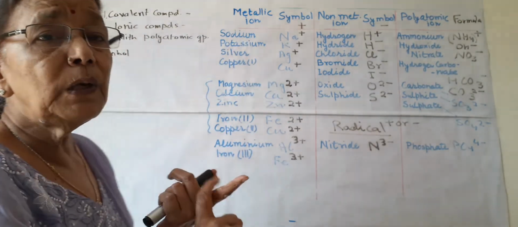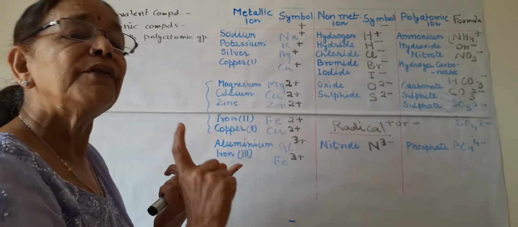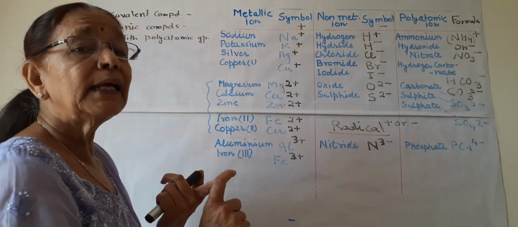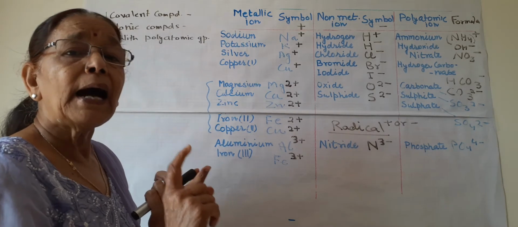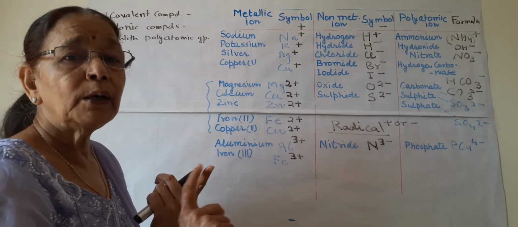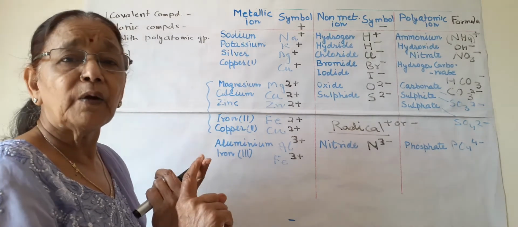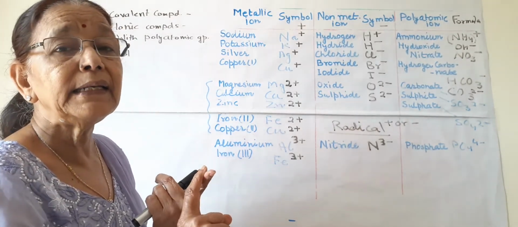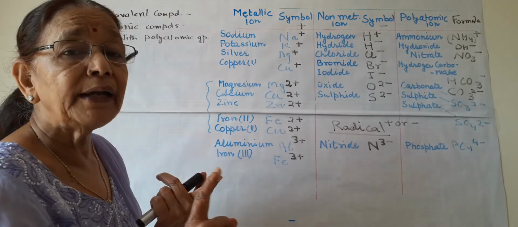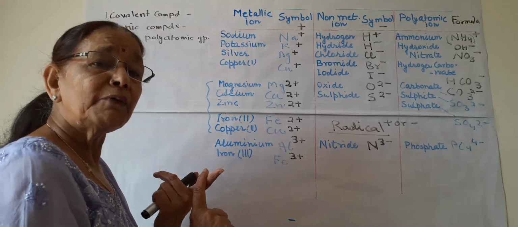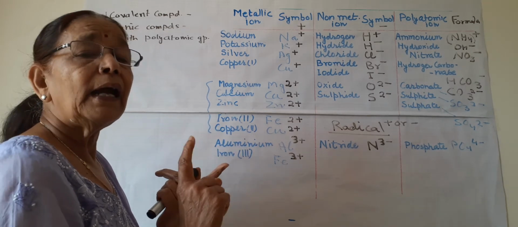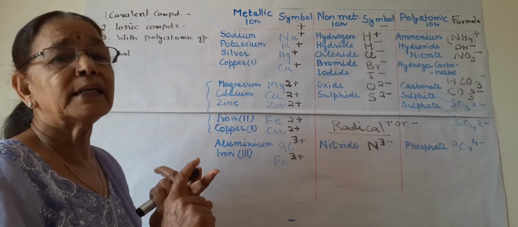The second rule, the name of the metal is written first and the non-metal afterwards, and in the name of the non-metal IDE is added, like chloride, bromide. We are not writing bromine, we are writing bromide. IDE is added, like sulfide, oxide.